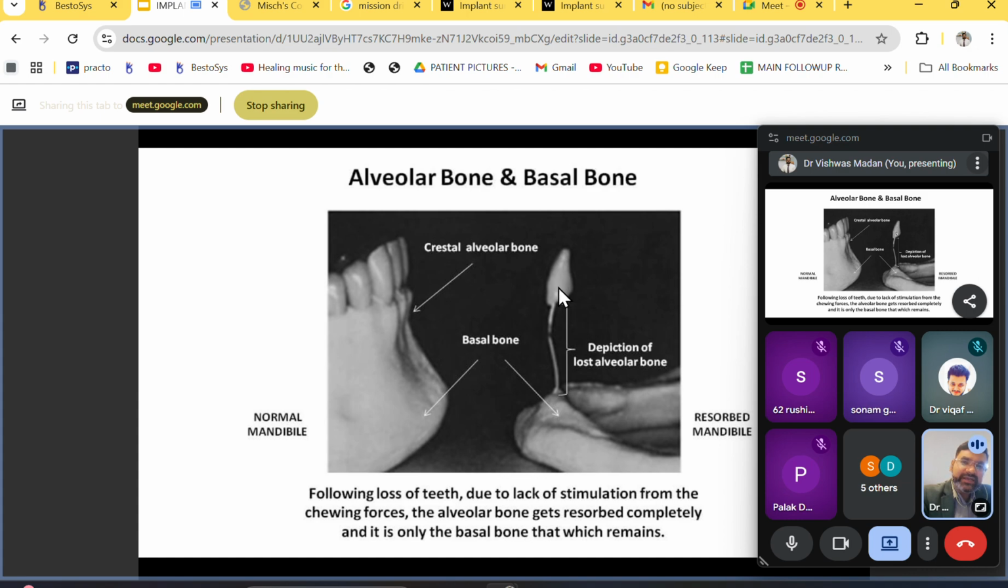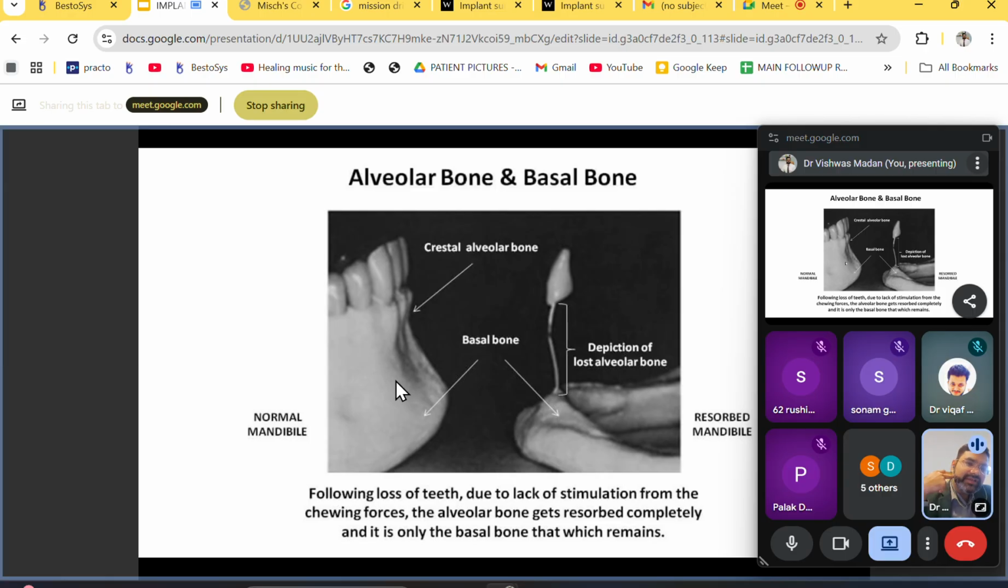As you can see here, this whole area where the root was embedded is the alveolar bone, and only this lower area is the basal bone. This is not only in the mandible, it also occurs in the maxilla. In the maxilla we have the nasal cortical floor, the palatine bone, the pterygoid plates, and the zygomatic arch, which are the basal bone.